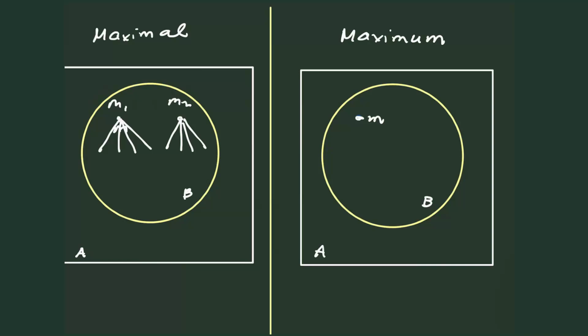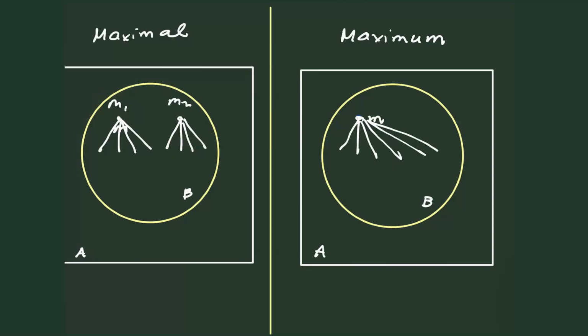So meaning to say, a maximal element is greater than or equal to all the other elements which it is comparable to. If we compare that with a maximum element, it means that all the other elements of B should be smaller than M. Can you see the difference here? This is not comparable to M1, understand?